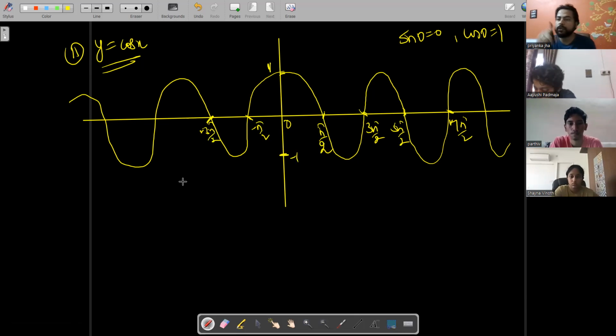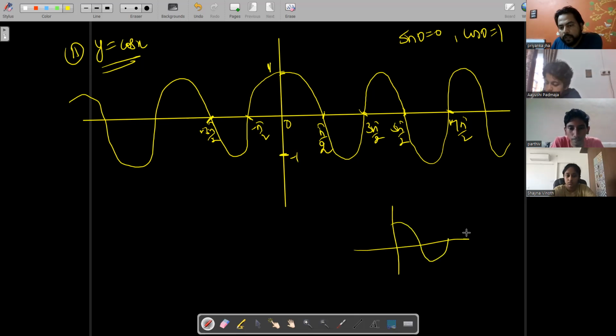Again, you can see there is no break in the graph. What I mean is that the function exists. What does this mean actually? Function exists means the function will give you some value at some value of x, right? Suppose I draw a function like this.